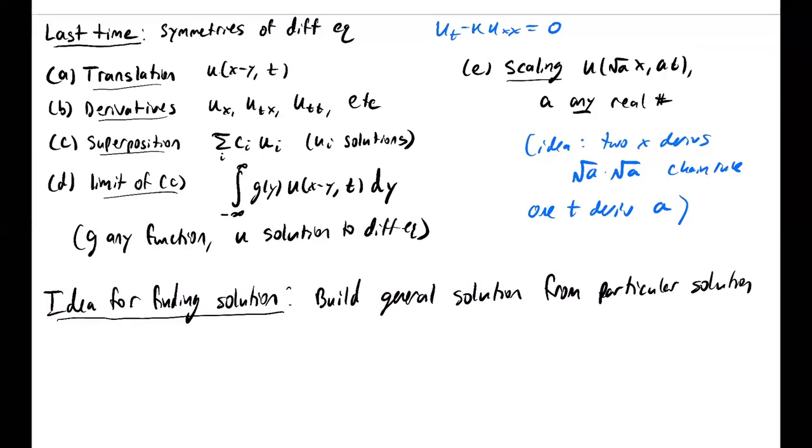In particular, notice that using property D, if we can find one such solution, then if I use this integral formula, you can obtain many more solutions, right? And so the formula that we're going to have for the solution to the diffusion equation is going to look a lot like the integral in symmetry number D, right?